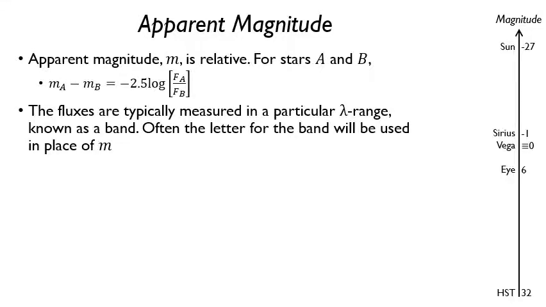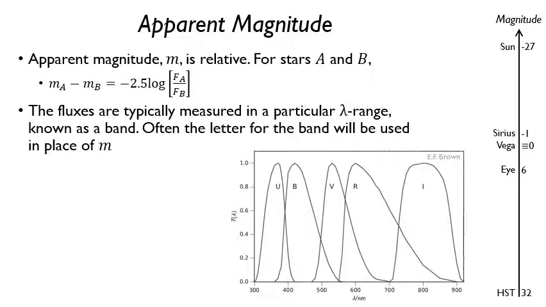So we measure these in a given wavelength range, and this is known as a band. Often we're going to use the letter of the band in place of the letter M there. As far as different bands go, this is just a handful of the common ones. There are many different photometric bands. We have the ultraviolet, blue, visual, red, and infrared.